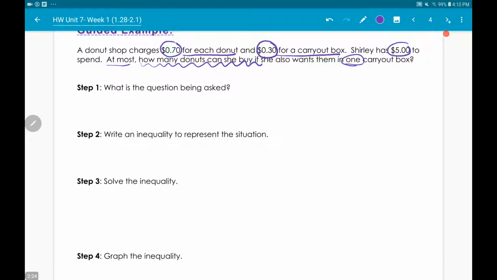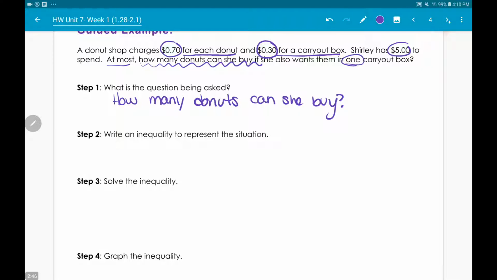Okay. So what is the question asking us? So notice I annotated, circled my numbers, underlined key info, and squiggled my question. So the question being asked is, how many donuts can she buy?